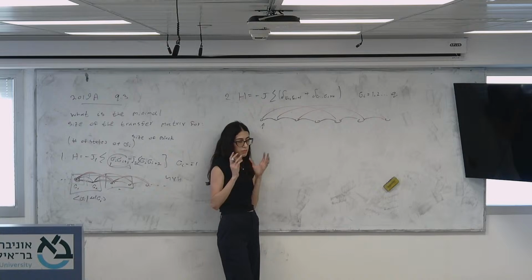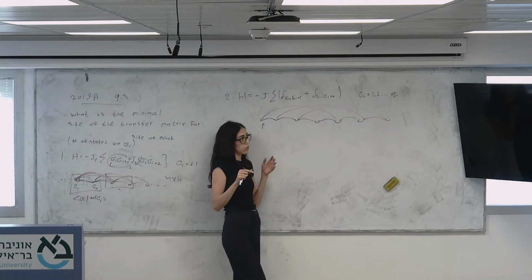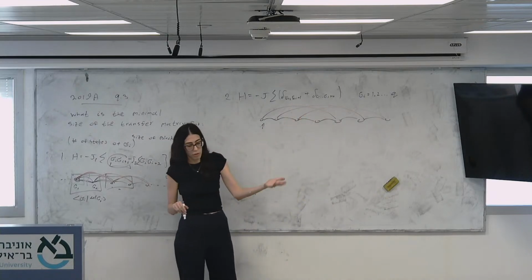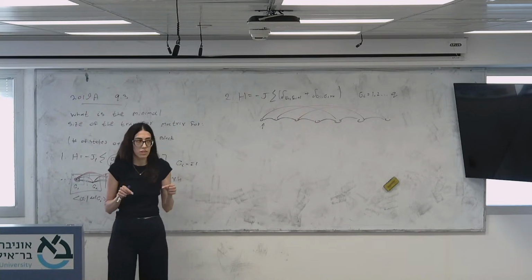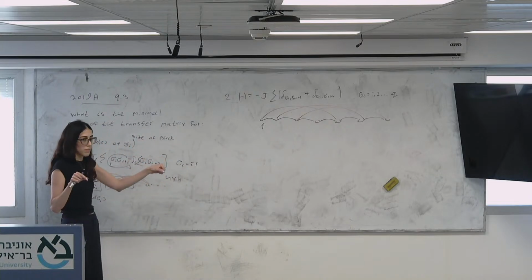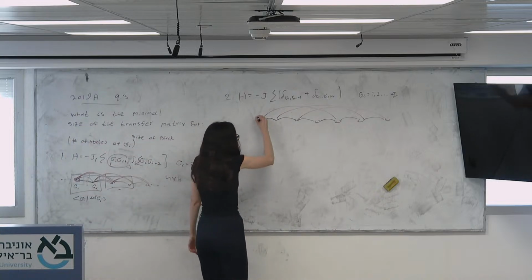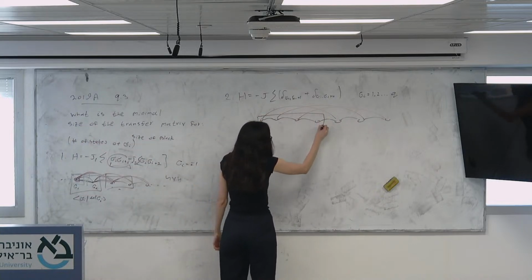We need the minimal size that includes all of the interactions. So if I have something that goes until I plus 4, I'm going to need 4 spins to include that interaction, right? So I have a block that looks like that.